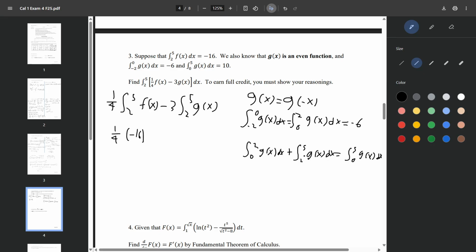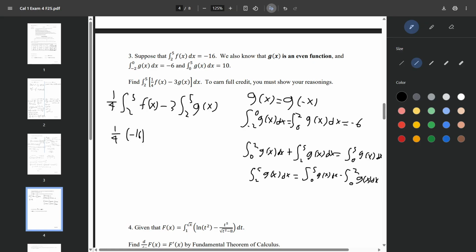So now we need to isolate the integral from 2 to 5 of g(x) dx. So the integral from 2 to 5 of g(x) dx equals the integral from 0 to 5 of g(x) dx minus the integral from 0 to 2 of g(x) dx.